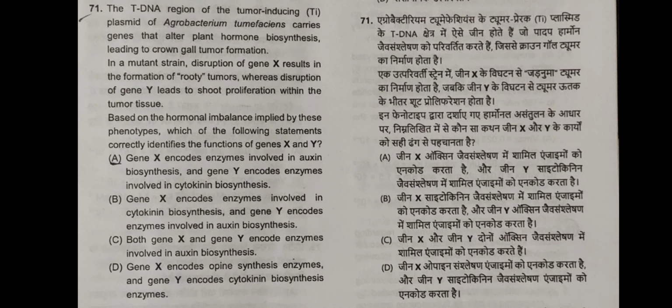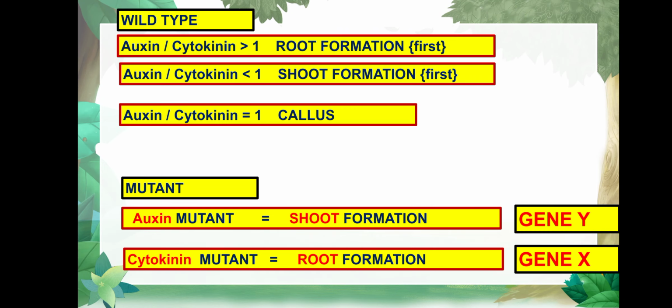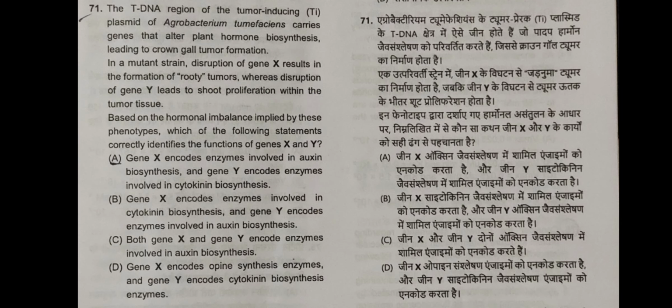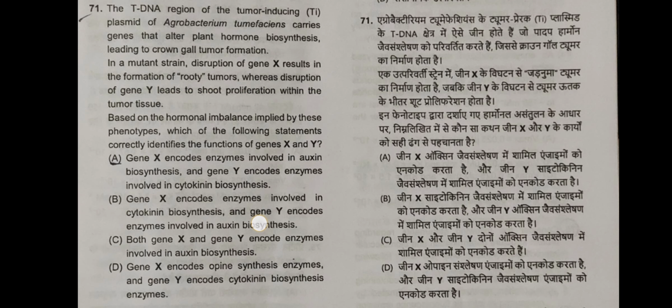So this is wrong. Option B says gene X encodes an enzyme involved in cytokinin biosynthesis. Gene X was involved in cytokinin, and when it was mutated, the root formation is there. And a cytokinin mutant means only auxin is expressed. So here gene X is encoding cytokinin biosynthesis, and it is being mutated.